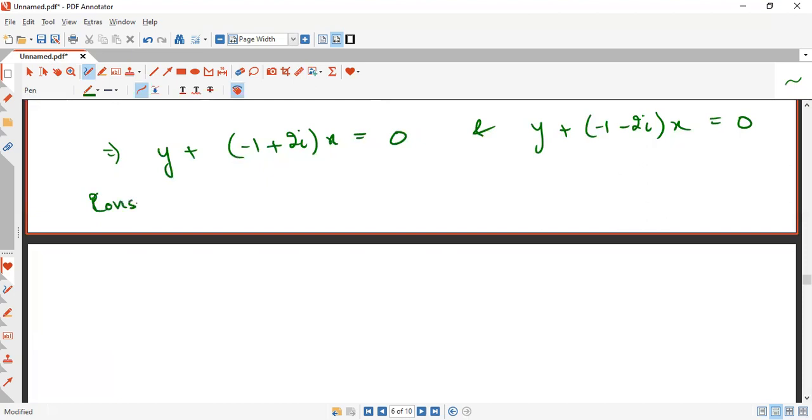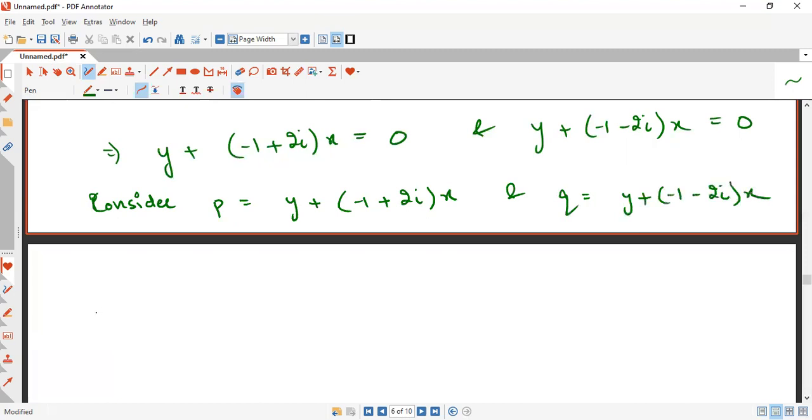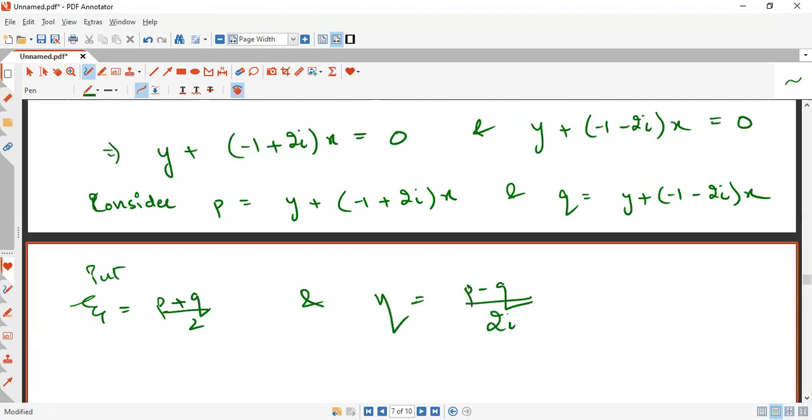Let's consider p as y plus minus 1 plus 2 iota of x and q as y plus minus 1 minus 2 iota of x. Put xi as p plus q by 2 and eta as p minus q by 2 iota. Do it.